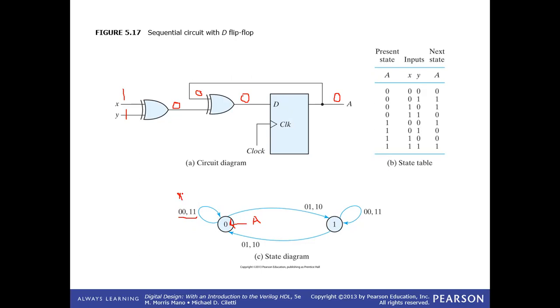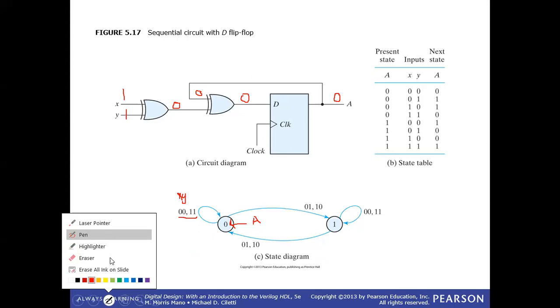X and Y, which are basically the inputs. So they show us that if you have A output equal to 0 and you apply 0, 0 input or 1, 1 input, you get a 0 again. So this is how you make the state table diagram.